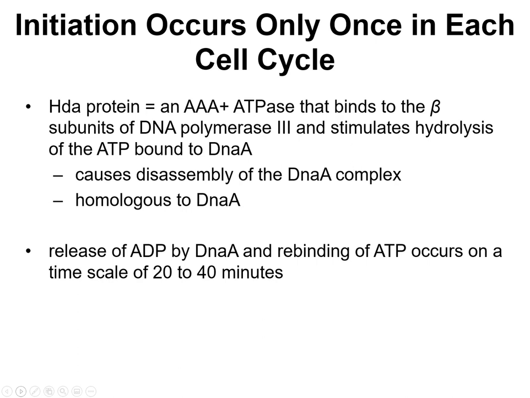No. So the HDA protein is yet another AAA+ ATPase that binds to the beta subunits of DNA Pol III and stimulates hydrolysis of ATP in the bound DnaA. And remember that DnaA has to have ATP in order for it to be active. So once it has ADP, it's going to disassemble.